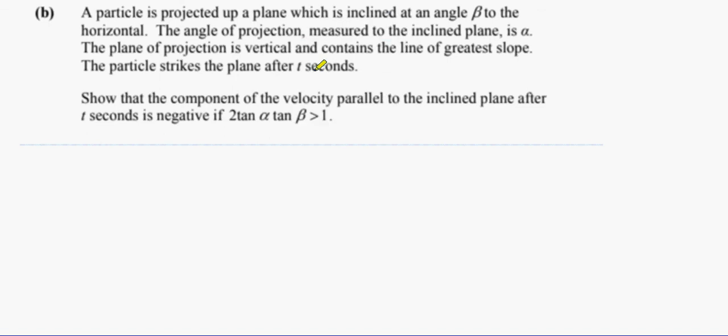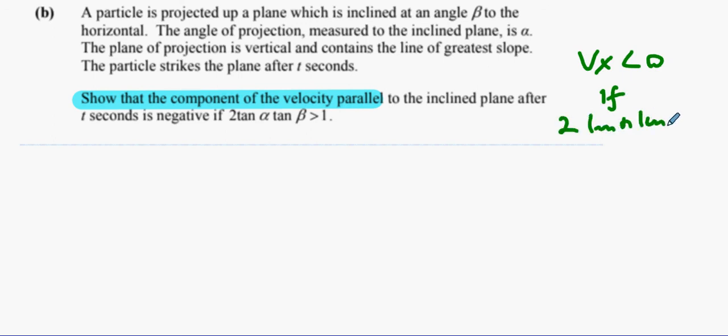You didn't know how to do this. What's that mean? Vx or Vy? Vx. Show that Vx is less than 0 if 2 tan alpha tan beta is greater than 1.